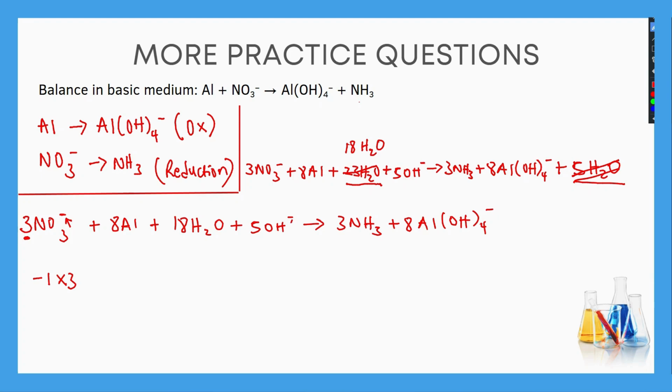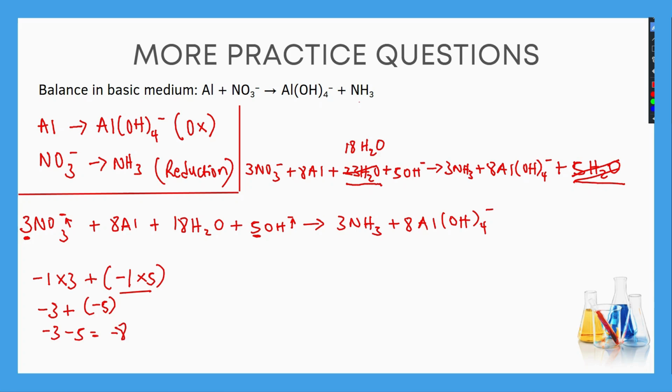And over here, you can see we have a charge of minus, so this becomes plus -1, and then we have the coefficient of 5 here, which is times 5. So the total charge here becomes -3 plus -1 times 5, which gives us -5. Total charge here becomes -3 minus 5, which is equal to -8 on the left hand side.